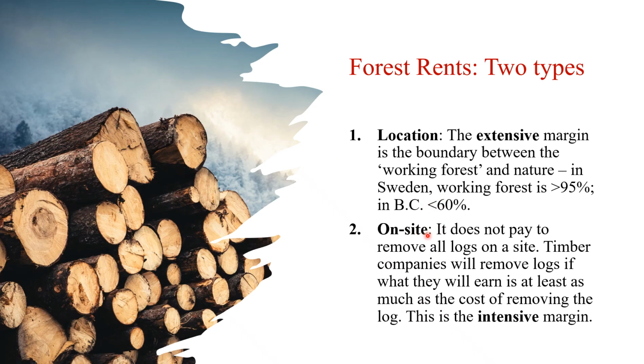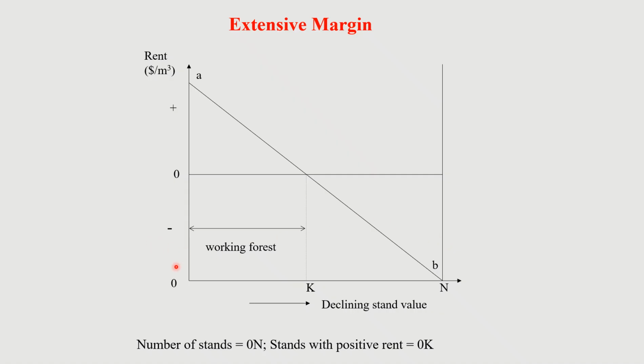The on-site or intensive margin occurs where, and as a result of, not all logs being removed from a site. Timber companies will remove logs only if they will earn at least as much as the cost of removing the log from the site. So here we have, first off, the extensive margin, the location issue.